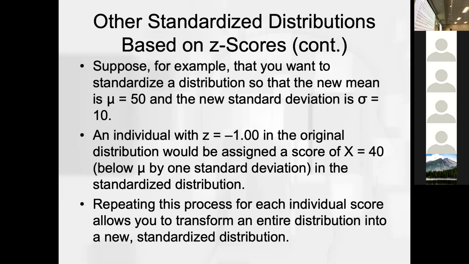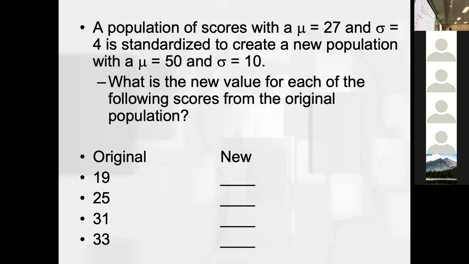You can now get it such that they are operating around that standardized new distribution with that mean of 50. Further just reiteration of what I've already said.